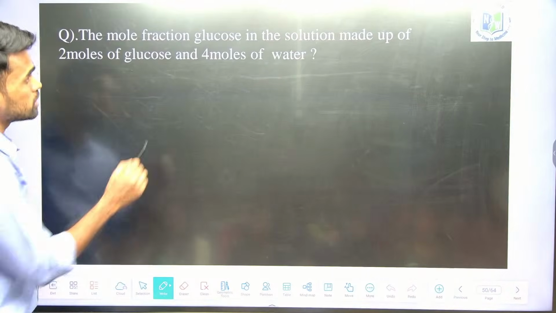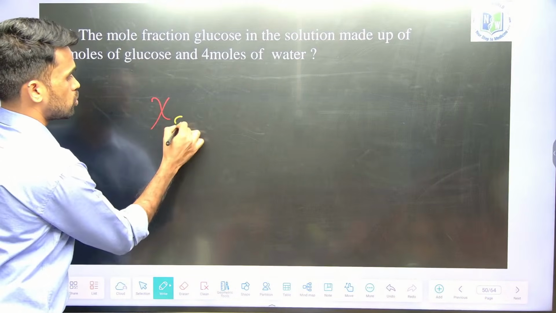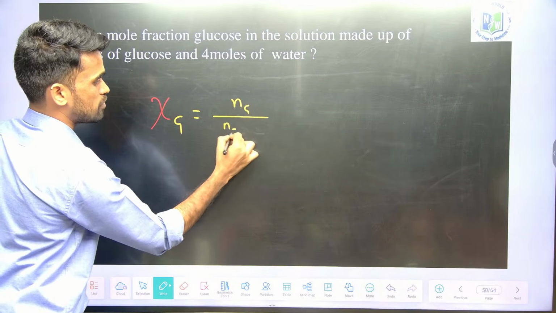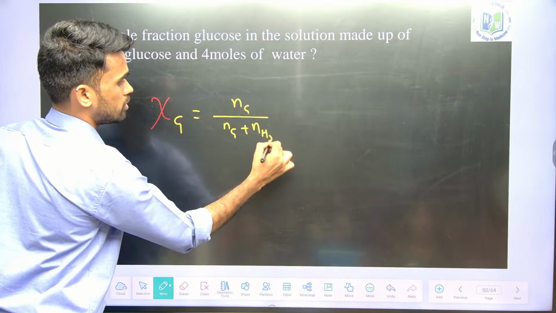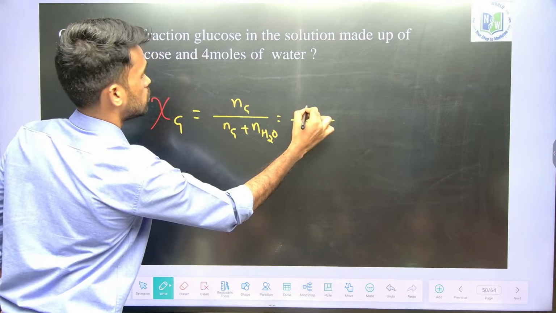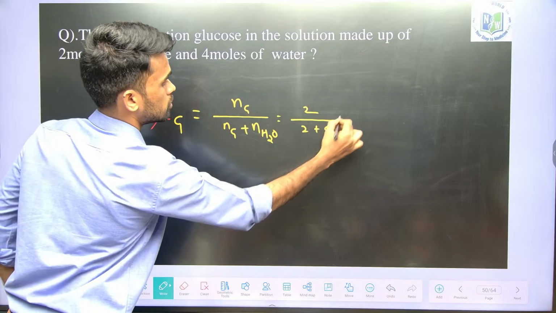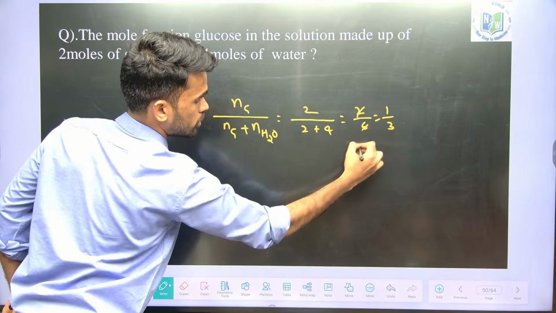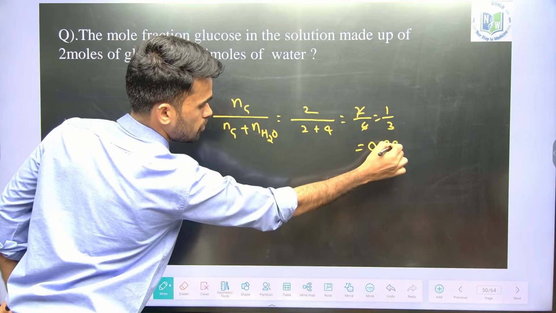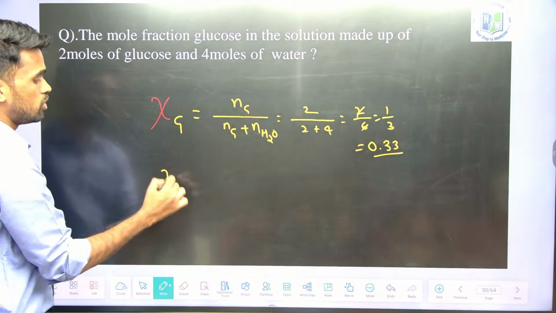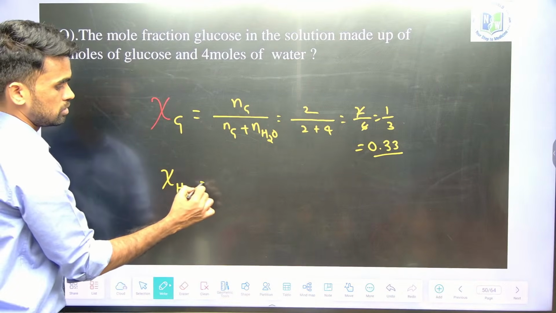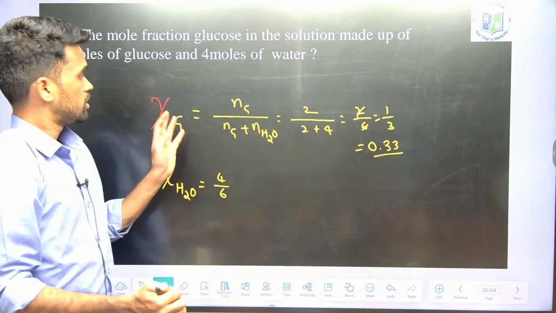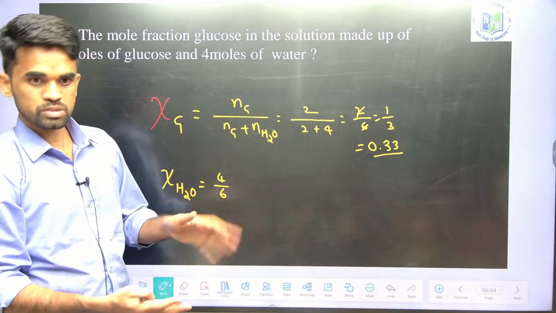Tell me, how can I do this? Mole fraction of glucose is number of moles of glucose by number of moles of glucose plus number of moles of water. So it will be 2 by 2 plus 4, that is 1 by 3. So you can write this as 0.33. If I ask you mole fraction of water, 4 by 6, or 1 minus mole fraction of glucose. Both give you the same answer.